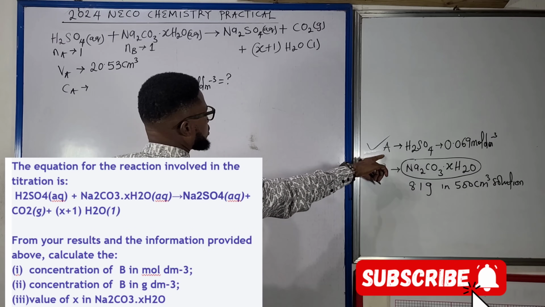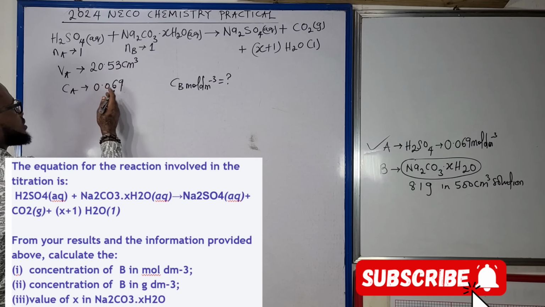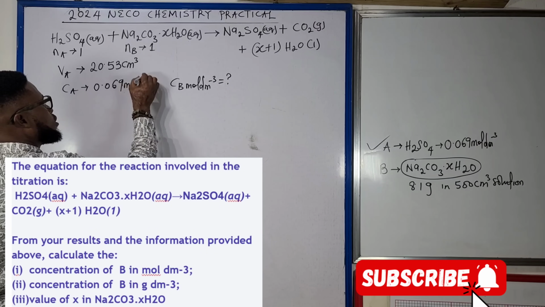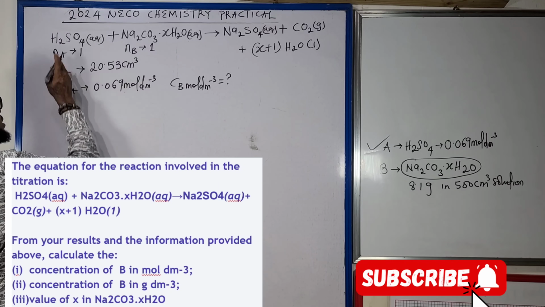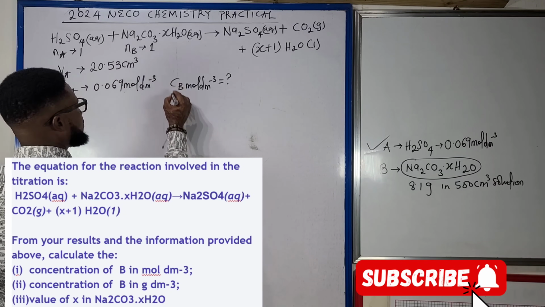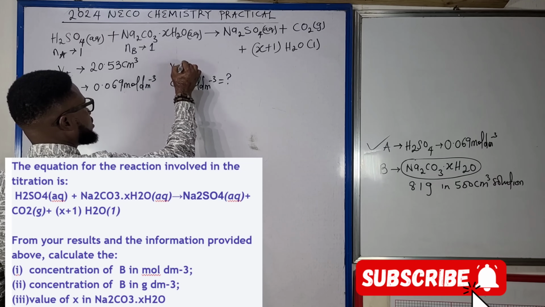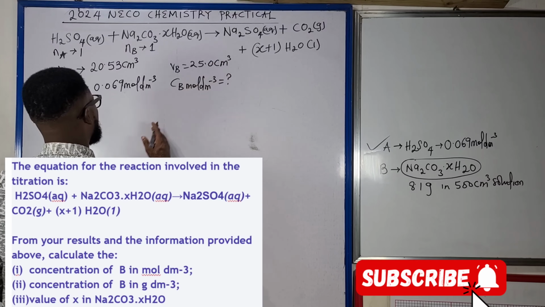Recall that we were given the concentration of our acid as 0.069 mole per dm cube. Of course, this is our VA, this is our NA. We can see that this is our NB, but our VB in this case is going to be 25 cm cube, which is that of the pipette.